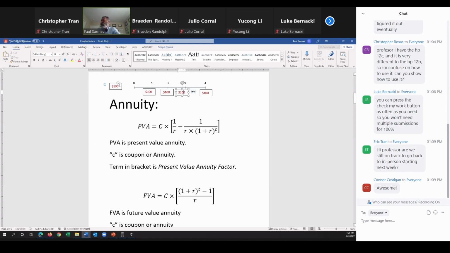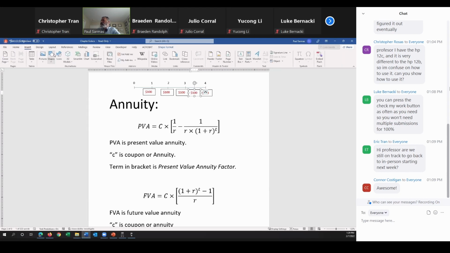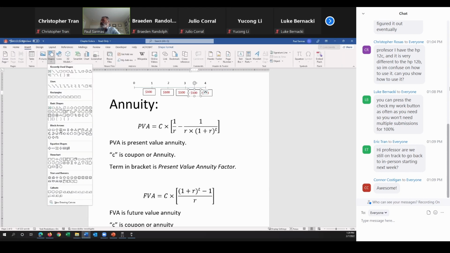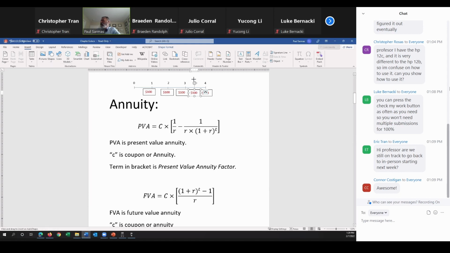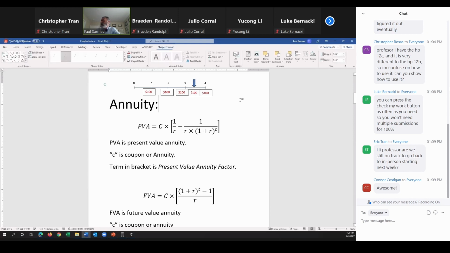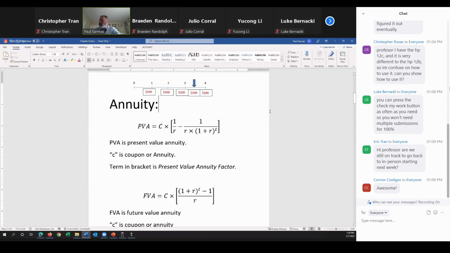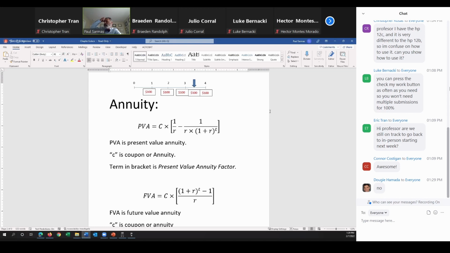Now, let me ask you again. Let's say you get $100 in year 3.5. Do you have an annuity? No, you're right. You have $100 in year one, $100 in year two, $100 in year three.